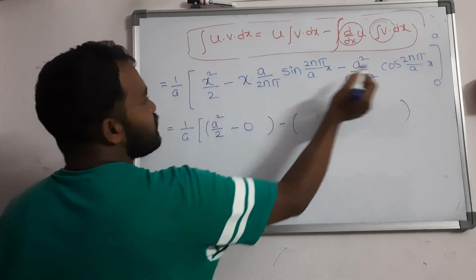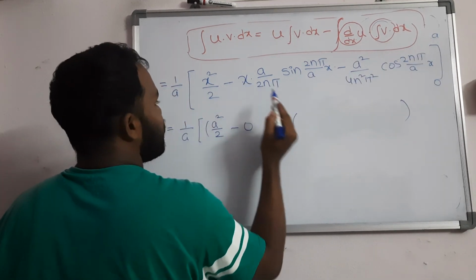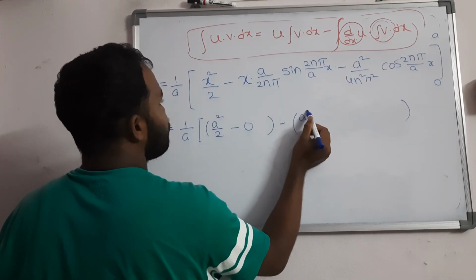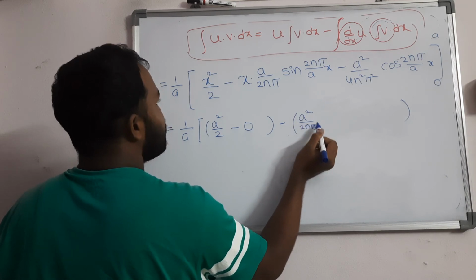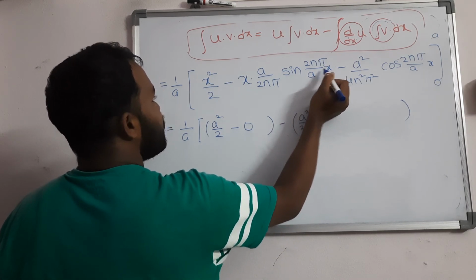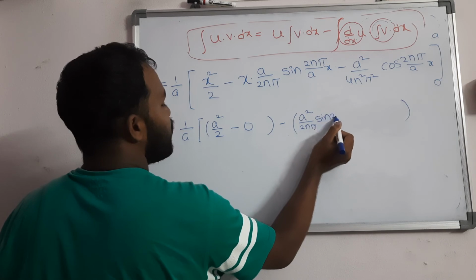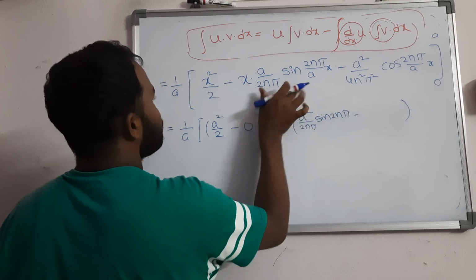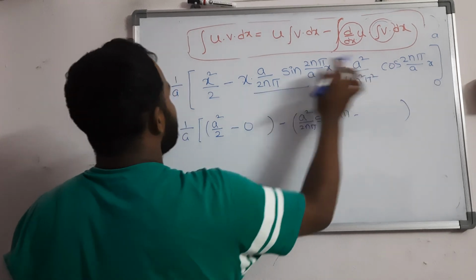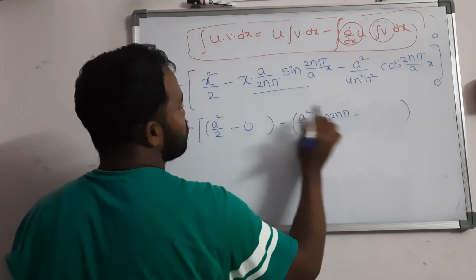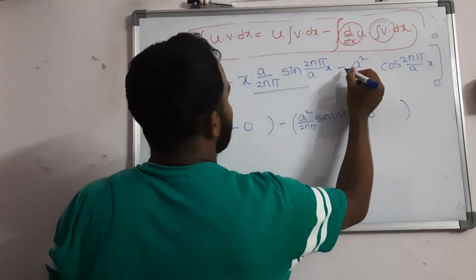X means a you should take. A into a is a square by 2n pi, into sin 2n pi. Upper limit I substituted for this term. Lower limit is 0, and 0 into something is directly 0.